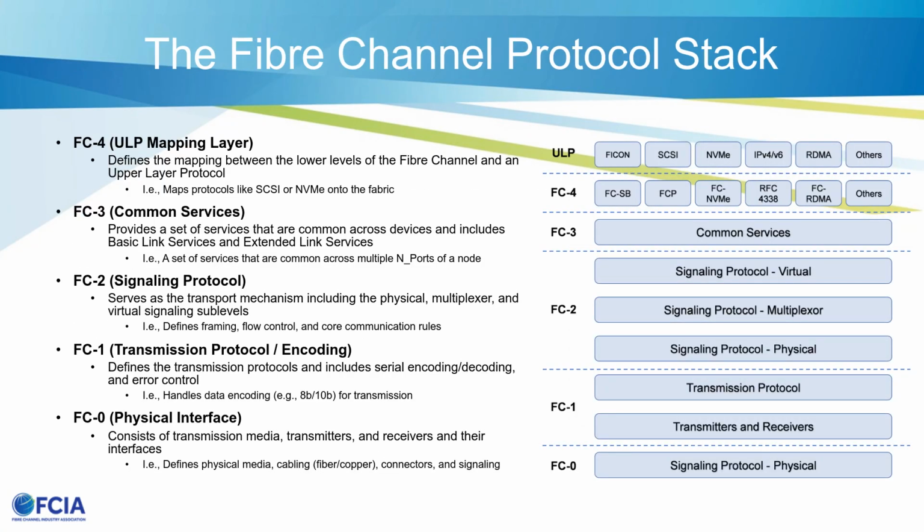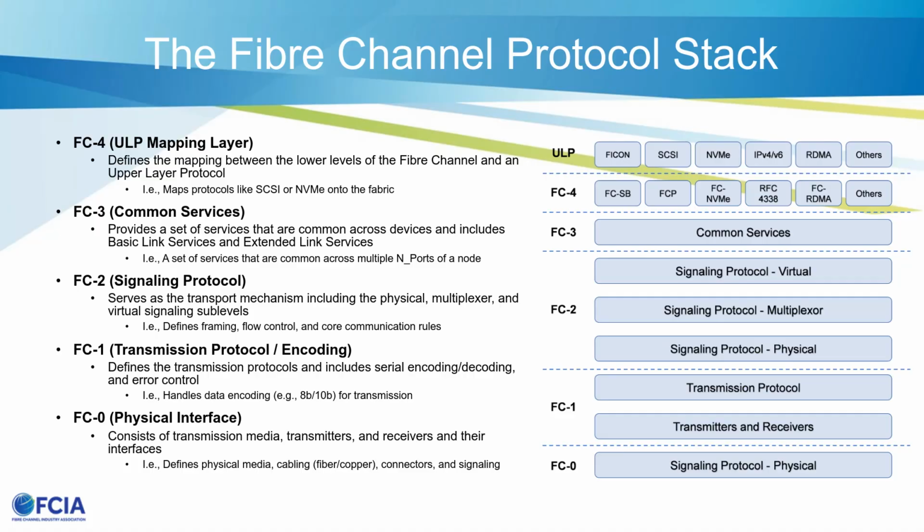If we look at the stack a little bit, it's a little different than the OSI stack, but you'll see some common things in here. We have FC0, the physical layer, which is the physical media, cabling, connectors, and such. We have FC1, which is really the encodings.